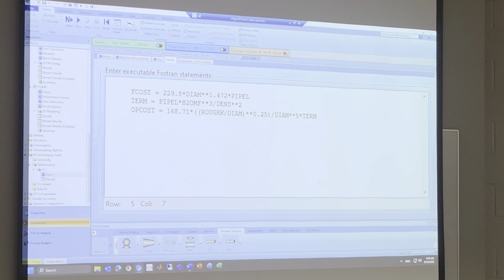And we are looking for total cost, which is the first term cost plus operating cost.